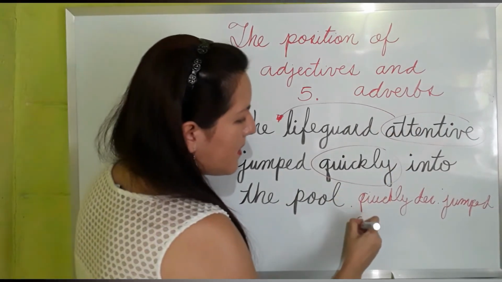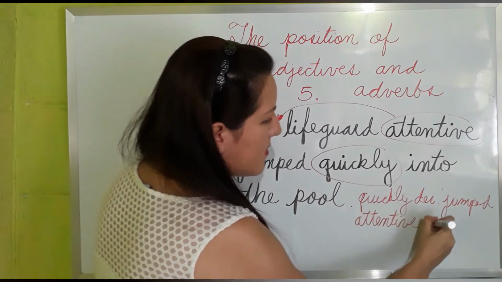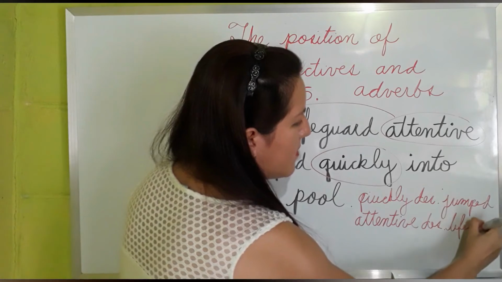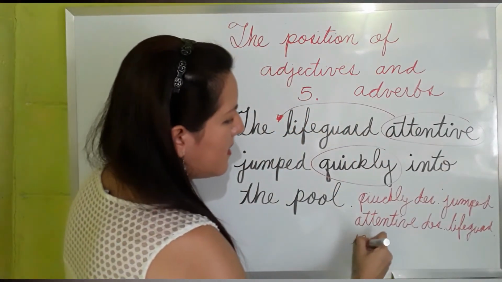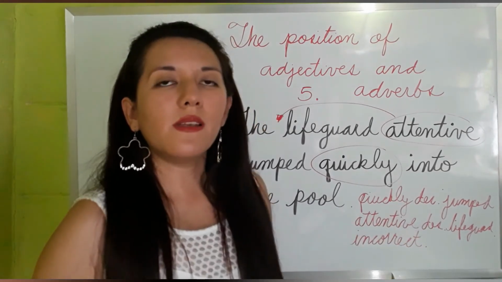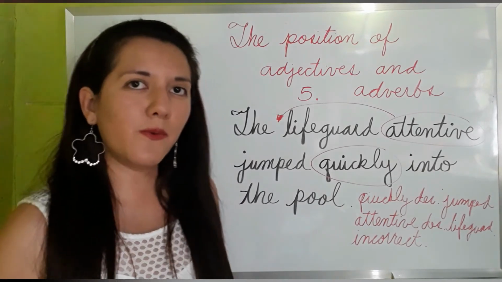So here you're gonna write in your book, attentive describes lifeguard. Okay, there you write. And we're gonna say that the sentence is incorrect. Incorrect. So this is pretty similar to what we did in the last topic that we studied.